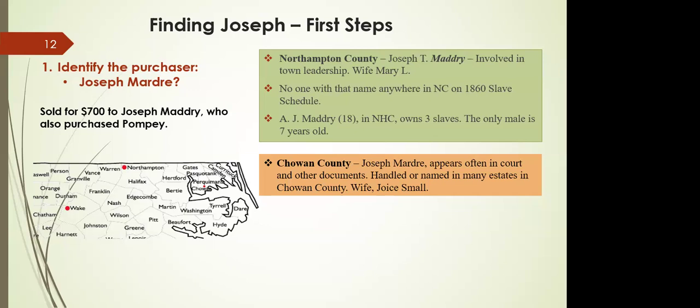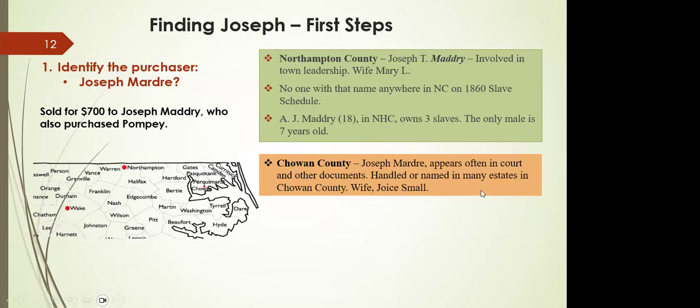If you put his name in on Ancestry or FamilySearch, you're going to get all kinds of hits. I mostly noticed that he handled or was named in a lot of different estates in Chowan County. His wife was Joyce Small. So I researched this Joseph very consistently and deeply, but found no records related to a purchase of any enslaved person or sale or whatever.